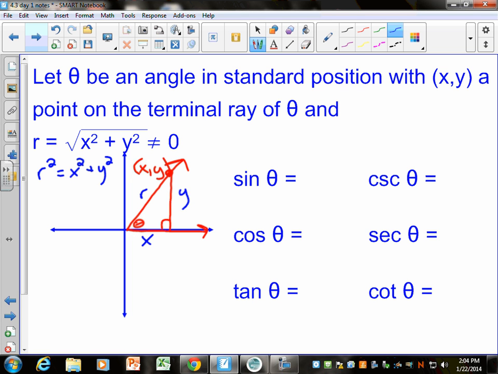Okay? So instead of writing out sine as opposite over hypotenuse, I want to write it out using x's and y's and r's, which makes things a lot easier when we're doing this without a picture. So I can say that the sine of this angle is still opposite over hypotenuse, but using this picture, it will always be the y coordinate over whatever r happens to be.